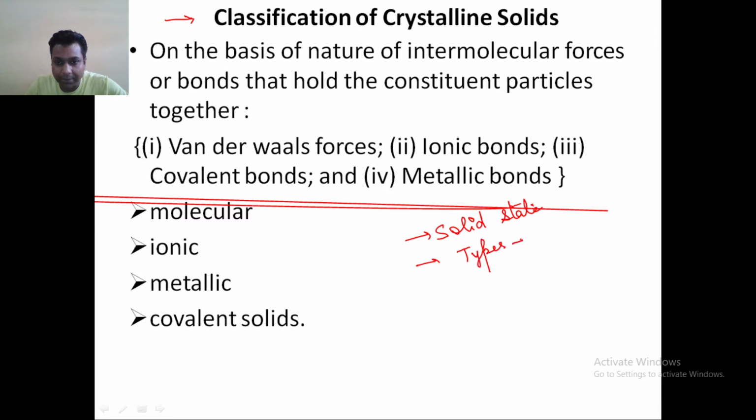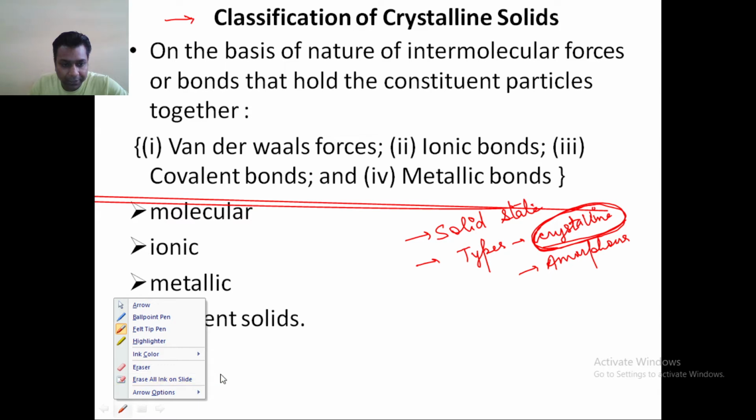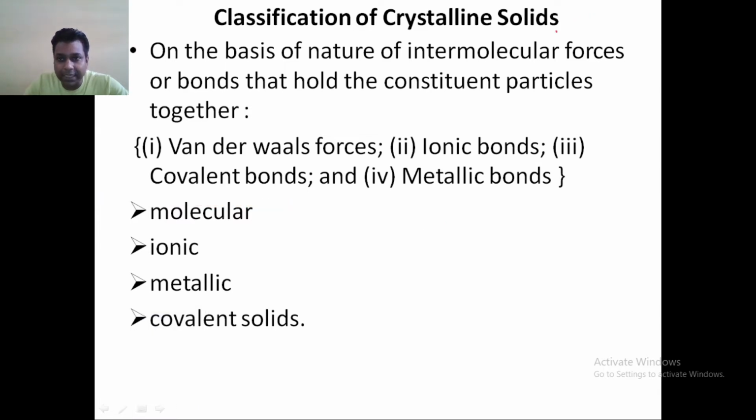In the types we have discussed the crystalline, and then the amorphous. Now we are going to discuss the crystalline solid in detail. The topic which I am going to start now is concerned with the crystalline only. So let's start with this one. This is the classification of crystalline solids.